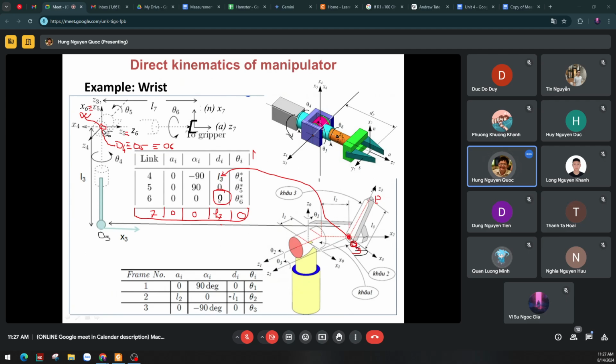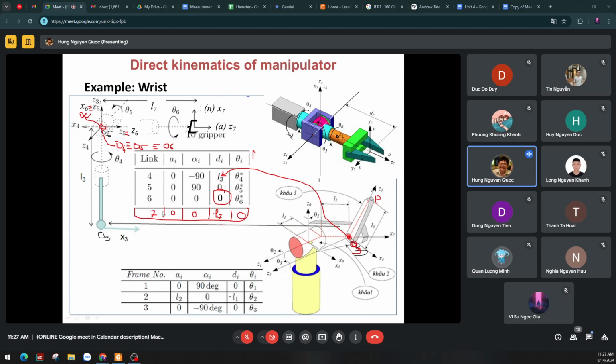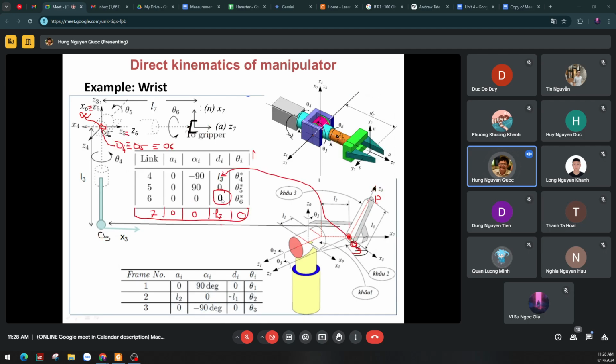If you group this one and this one, this should be L7 here, right? Sometimes researchers want to separate, and that means they don't want this one to appear in the manipulation. They want this one to be 0. That's why they put 0 here, and this one depends on the gripper.